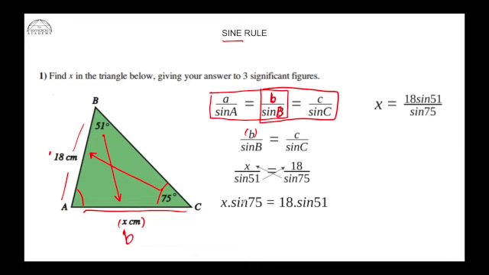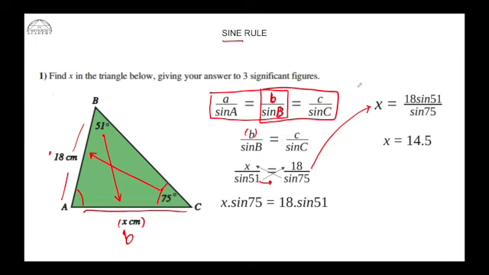And then I just throw back the sine of 75. So really, you could have gone from here straight to here by just flinging across the sine of 51. You didn't have to cross multiply. It's just a matter of punching it in your calculator to get X is 14.5.